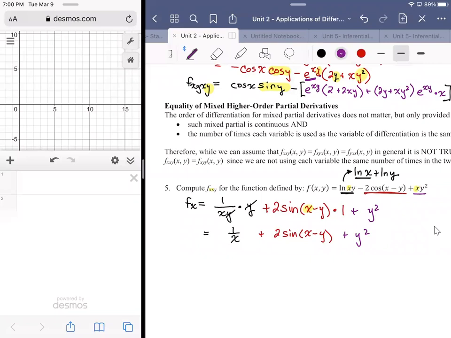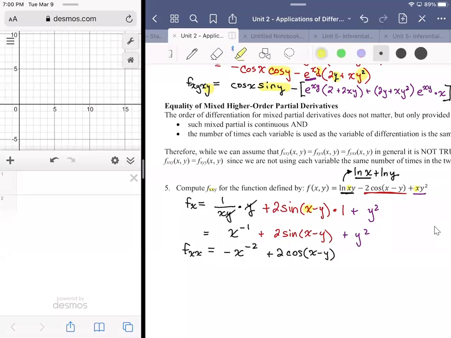I want to take the derivative again. So maybe I don't want to have this as 1 over x. Maybe I want to have it as x to the negative first power. So that when I take the derivative a second time with respect to x, the straight power rule, negative x to the negative second, sine becomes cosine, so plus 2 cosine of x minus y.